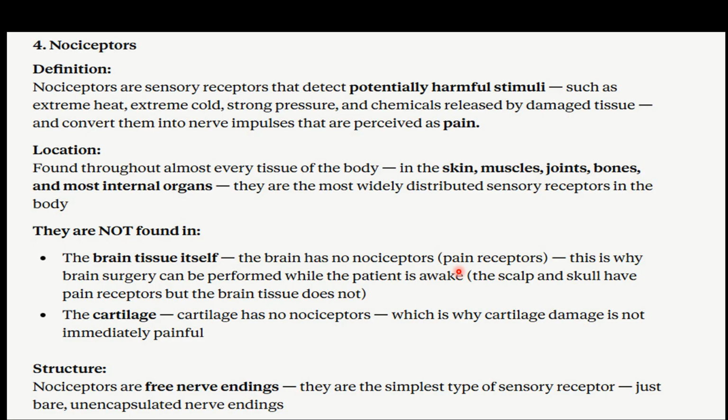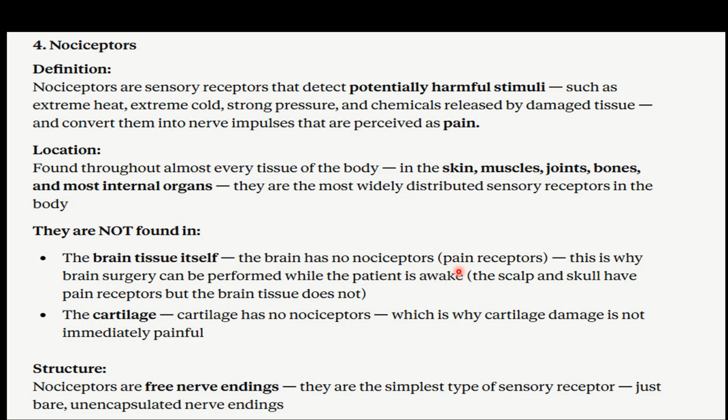You can say nociceptors are the sensory receptors that detect potentially harmful stimuli, such as extreme heat, extreme cold, strong pressure, and chemicals released by damaged tissue, and later convert those stimuli into nerve impulses that are perceived as pain.